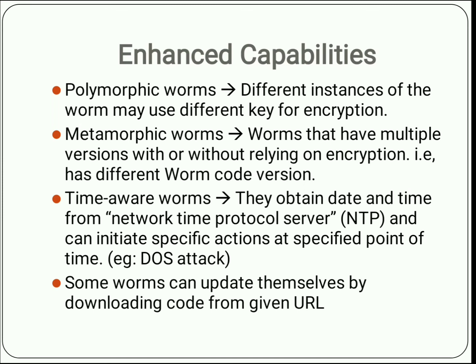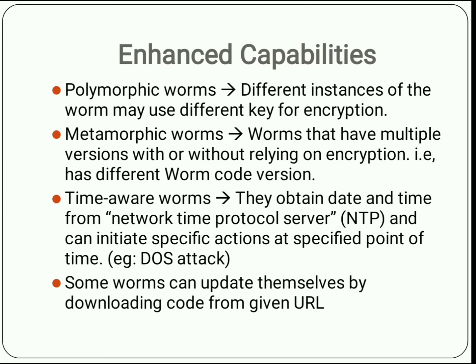Different instances of the worm use different keys for encryption, and thus it is difficult to detect. The second type is the metamorphic worm. These are worms that have multiple versions without relying on encryption, using different worm code versions.